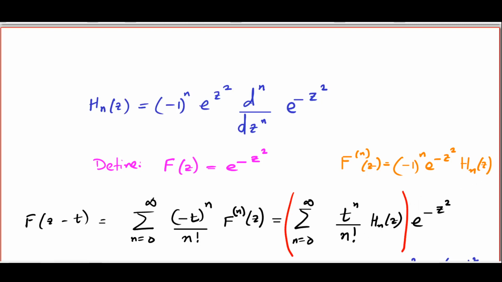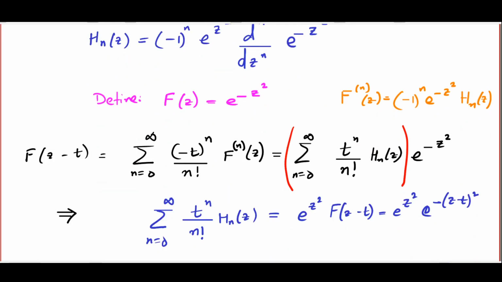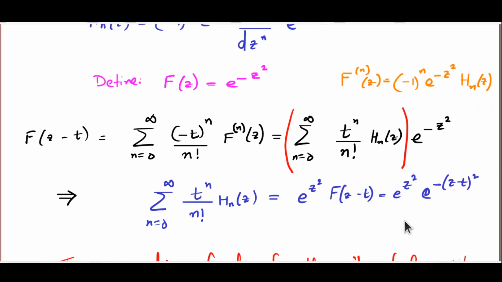But that means our sum, which is a power series in t, but with coefficients which are the Hermite polynomials H_n(z), is simply nothing but e to the z square times F of z minus t, or e to the z square into e to the power minus z minus t whole square.